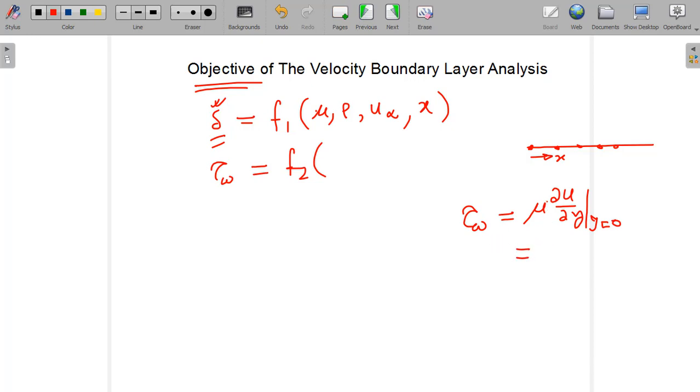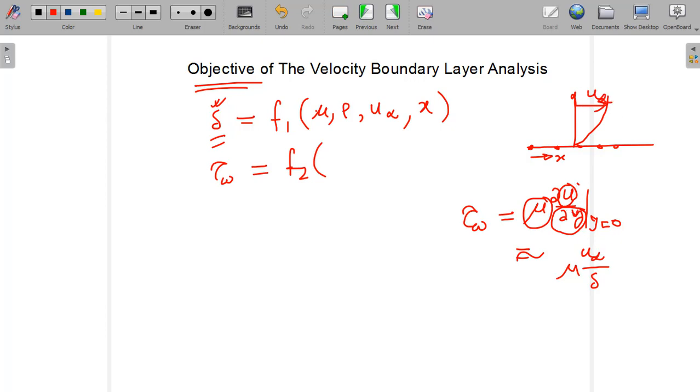Now it depends on mu, that is clear, and it depends on velocity, that is clear. Definitely the order of magnitude of the y direction is delta. Order of magnitude means the maximum value. The maximum value of u along the y direction, where it will vary, is u infinity, so the order of magnitude of u is u infinity.